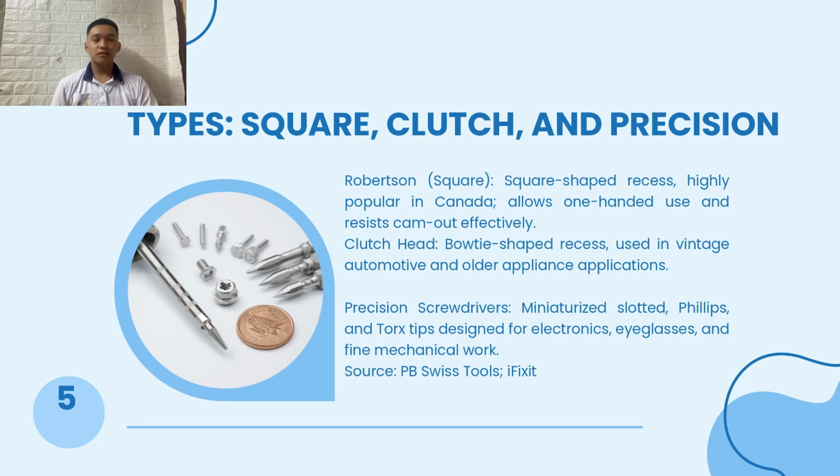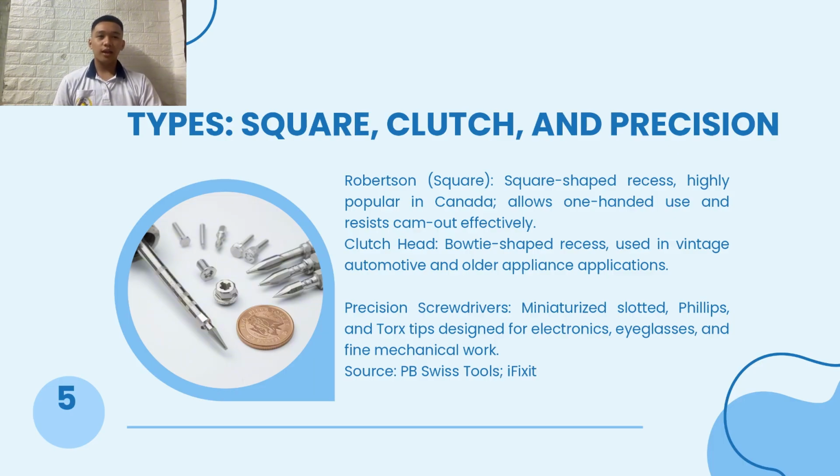Moving to the more specialized types, we have the Robertson or square tip, which is highly popular in Canada because it allows one-handed use and resists cam-out effectively. The clutch head features a bow-tie shape and is found in vintage automotive and older appliance applications.